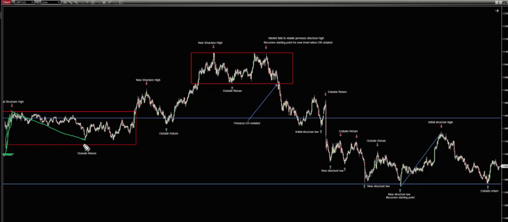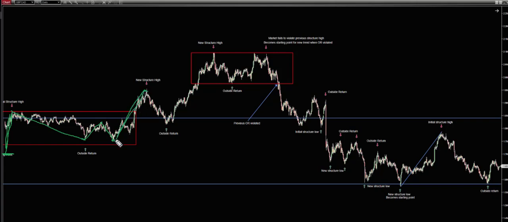Now, I cannot see well enough because it's a little bit zoomed out, but either this point or this point here, whichever wick is lower, will be our outside return, and this outside return will become the outside return only when we get this initial structure high.